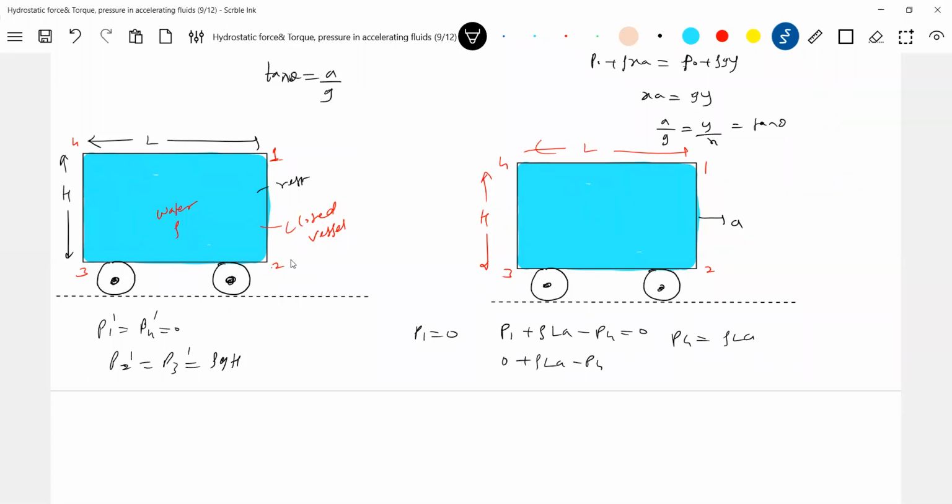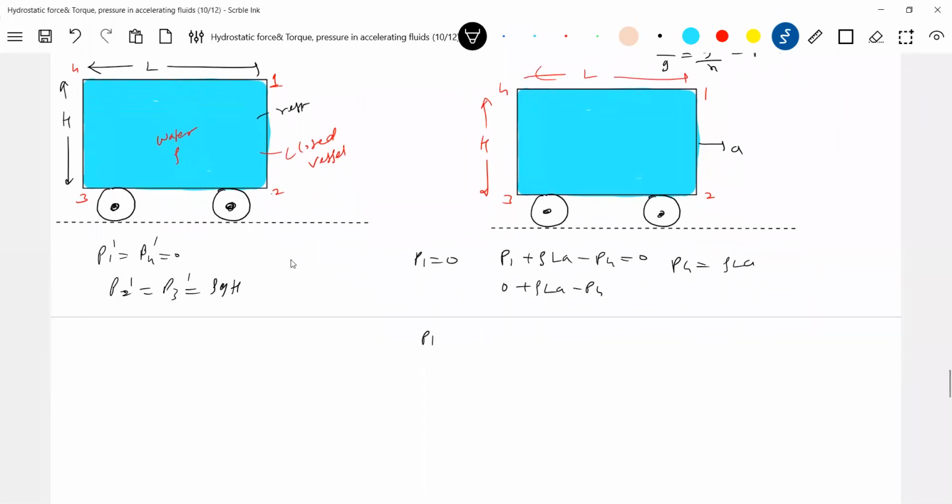Similarly, pressure at 2 will vary with the depth. P1 plus rho g H minus P2 equals 0. P1 is equal to P naught, so therefore P2 equal to rho g H. Let's calculate pressure at 3, we know pressure at 4.